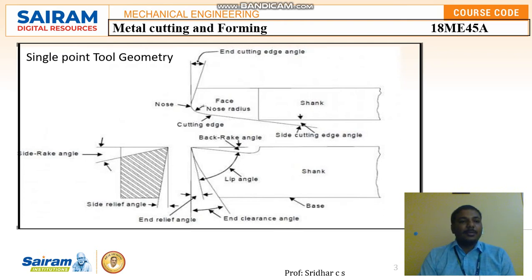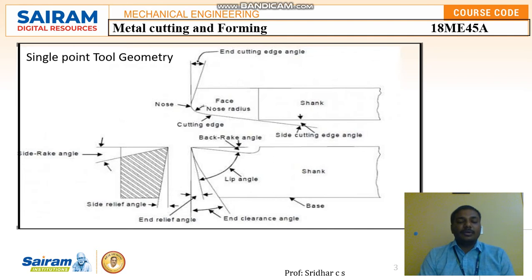The difference between a single point and a multi-point tool is that a single point tool has only one cutting edge, and a multi-point tool has more than one cutting edge. The cutting edge is what removes the excess material on the workpiece. That is what we call a single point tool.